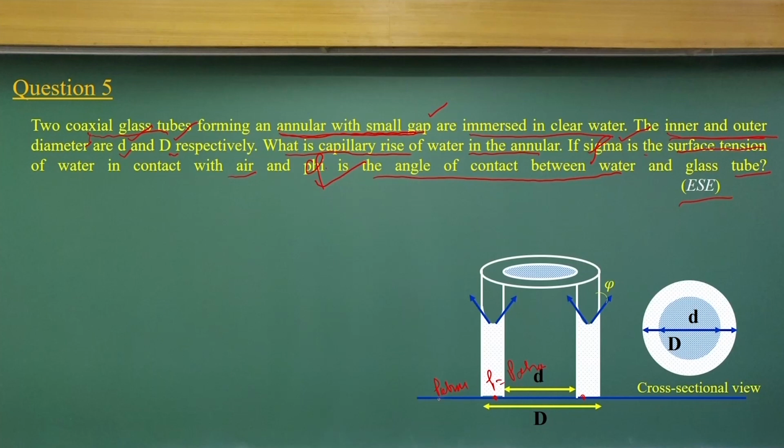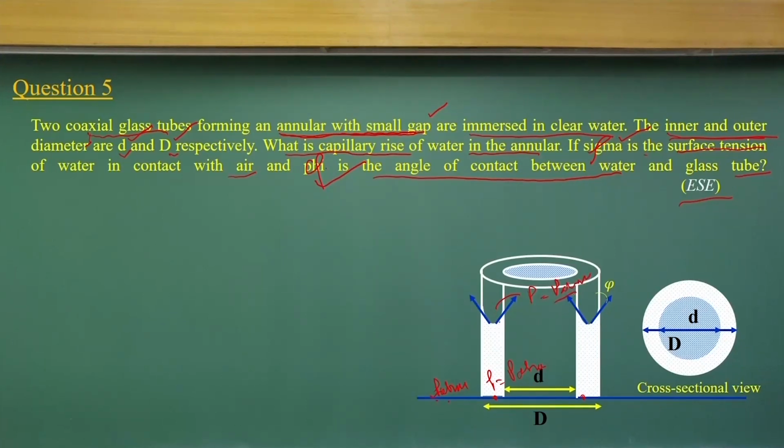That is the horizontal reference plane. The fluid outside is at atmospheric pressure, so the fluid inside the capillary tube will also be at atmospheric pressure.